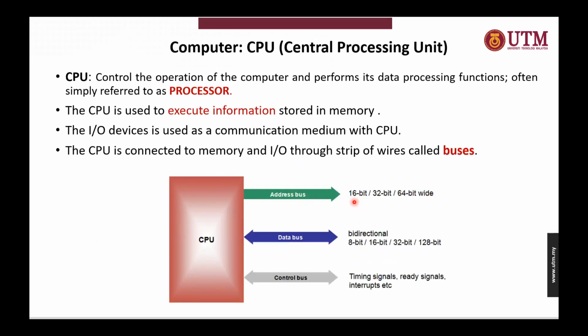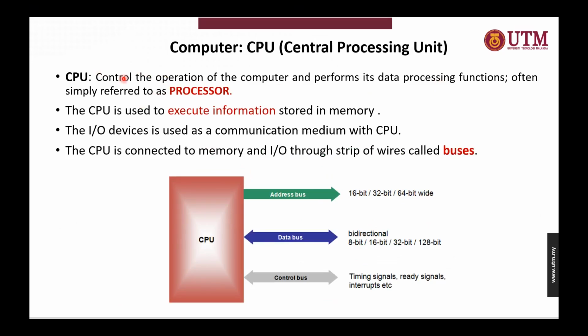All right, so now we look at this CPU, Central Processing Unit. The CPU is used to control the operations of the computer and perform its data processing function, often simply referred to as a processor. So the processor is equivalent to the CPU, and is used to control any operation inside of the computer.